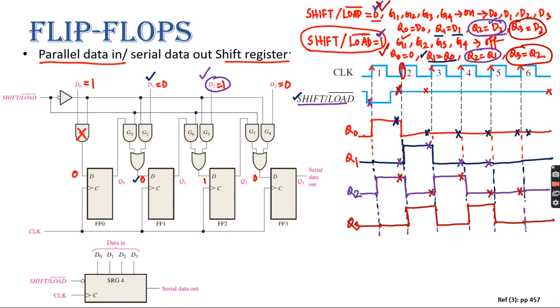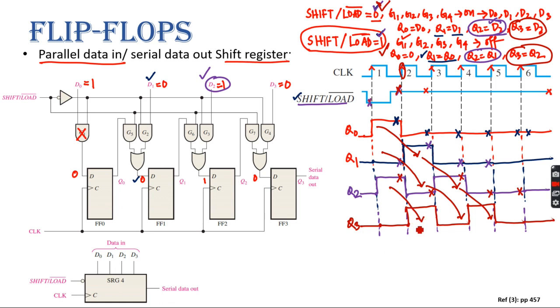Now, as you can see, from Q0 to Q1, this pulse is shifted, right? Yes, sir. Then this pulse is shifted here, and finally this pulse is shifted here, right? Yes, exactly. Now this pulse is also shifted here, and then this pulse is shifted here, right? Yes, sir. Now this pulse is also shifted here.